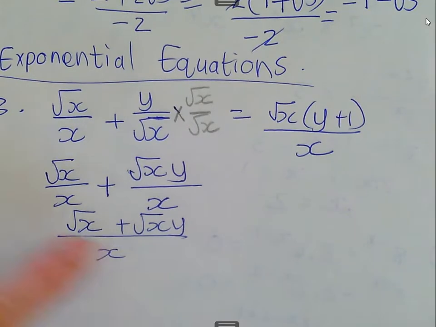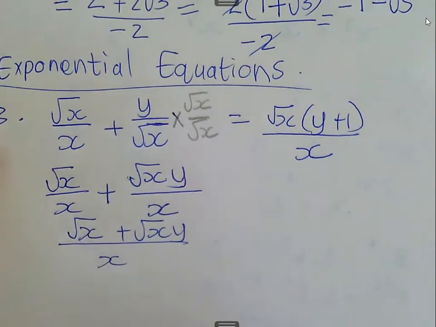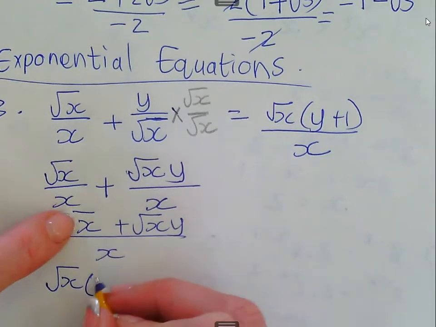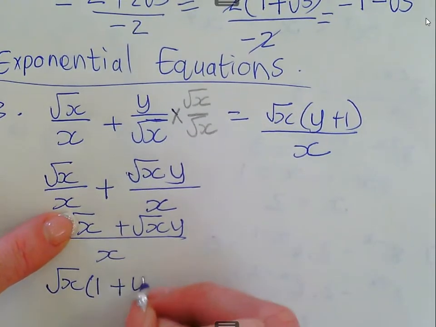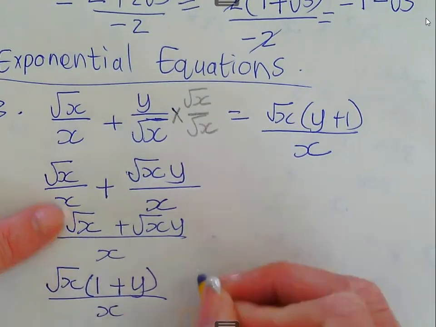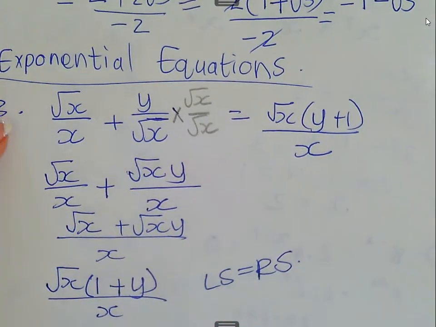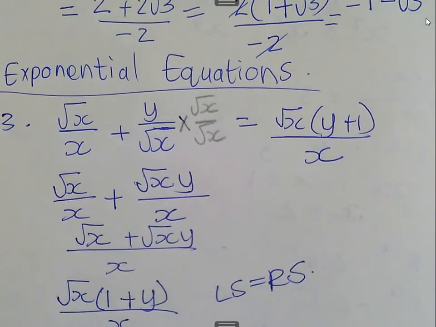Is that possible for me? Yes, because both terms have got a root x. So it's root x, then what remains is 1 plus y over x. And then the left side is equal to the right side. Are you all happy with that? Okay.